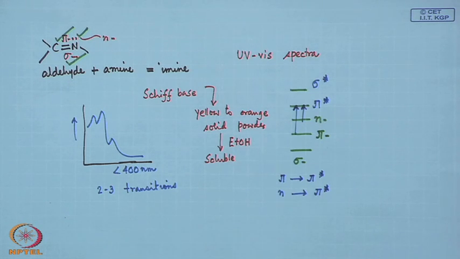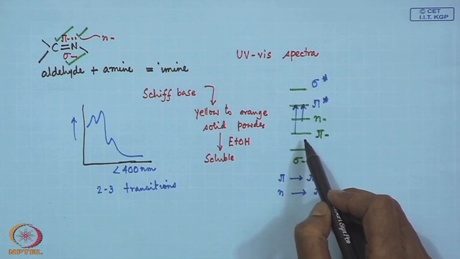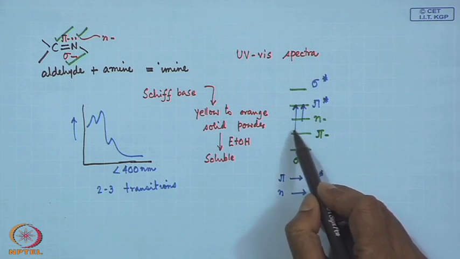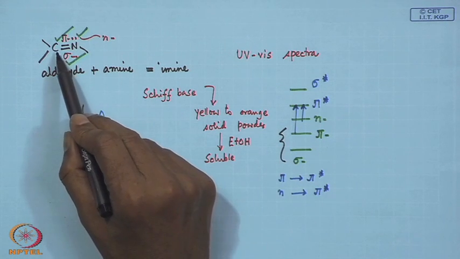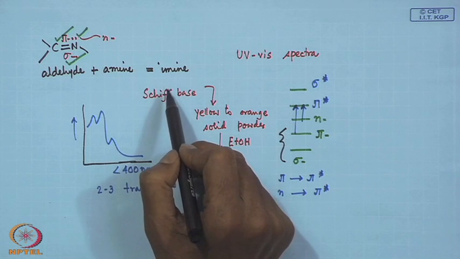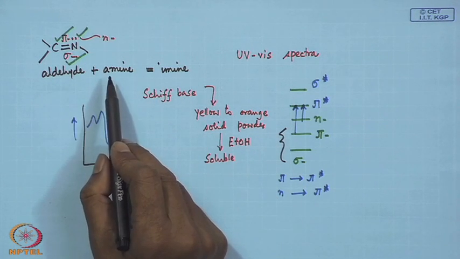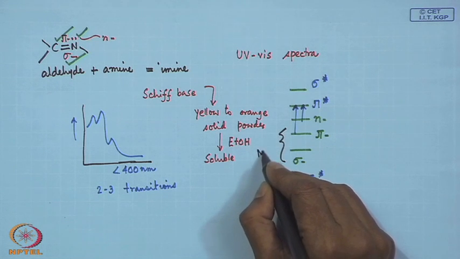So, during these spectroscopic transitions for simple organic molecules, we can have these two transitions involving these levels, that means these are related to the bond formation between carbon and nitrogen when we are trying to make the corresponding Schiff base from the aldehydes and the amine, that these are the corresponding bonding molecular orbitals.